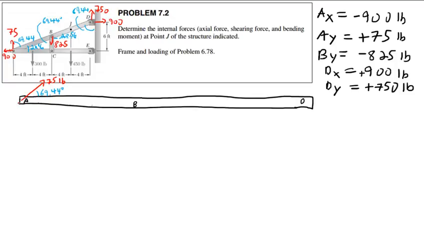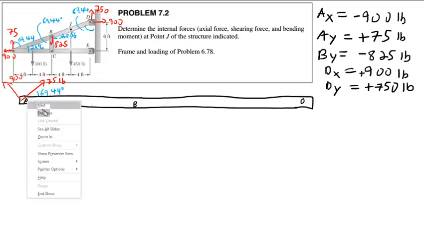And then I will have this one here, the 900 pounds, at an angle of, well, let's see.